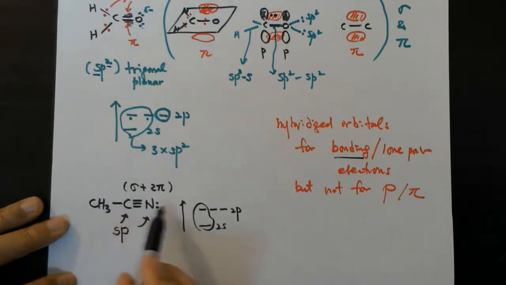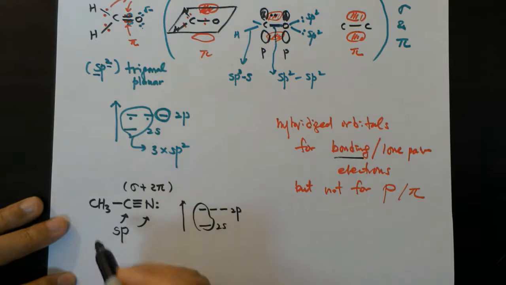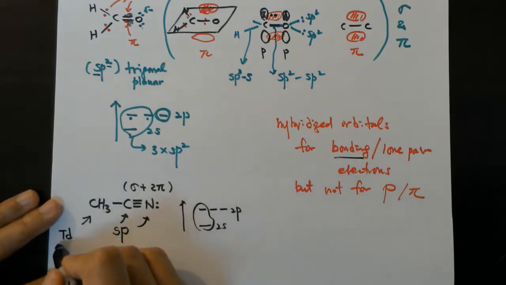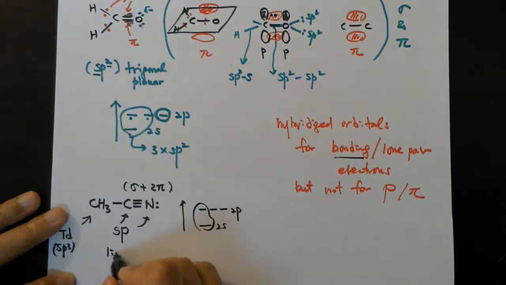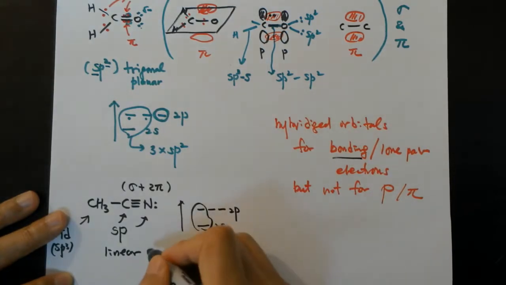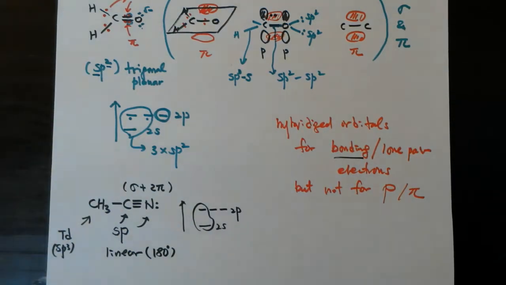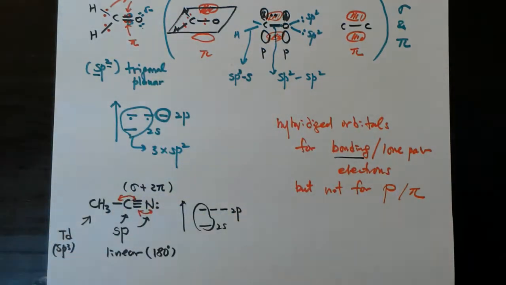So this shape, besides the shape around the carbon by 3 more hydrogens with the 4 pairs, tetrahedral, which is sp3 hybridized, the carbon, the rest of the molecule should be linear. When you see linear, or when you figure it is sp hybridized, you know it must be 180 degrees between here and here, 180 degrees.